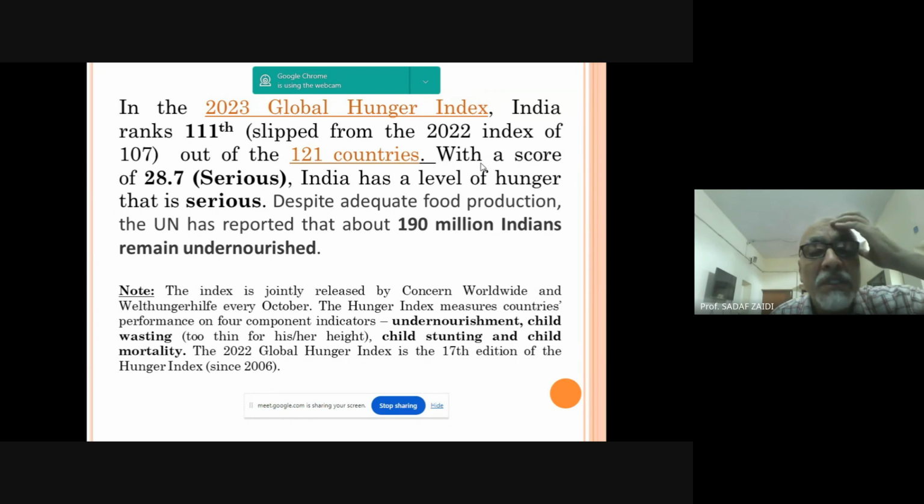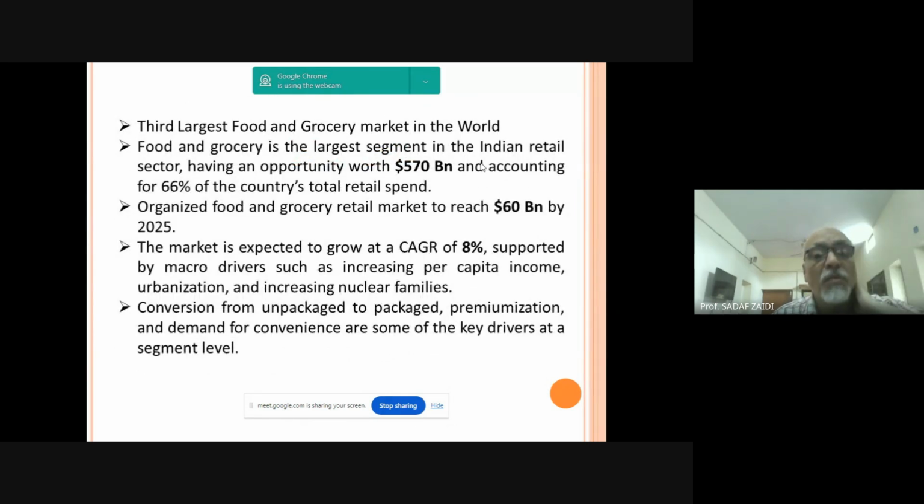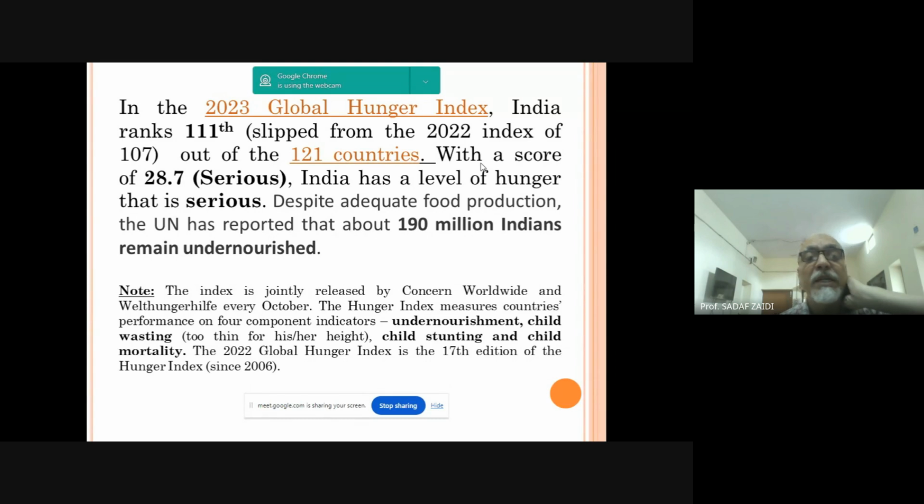Howsoever criticism we may do of the global hunger index, but we have slipped to the 111th position. Earlier we were 107, but now in 23 we have gone to the 111th position. Right now, the level is serious. The score we have got is a serious score.